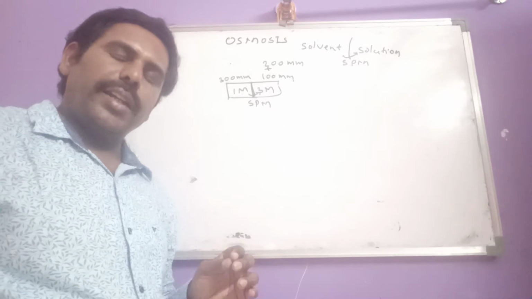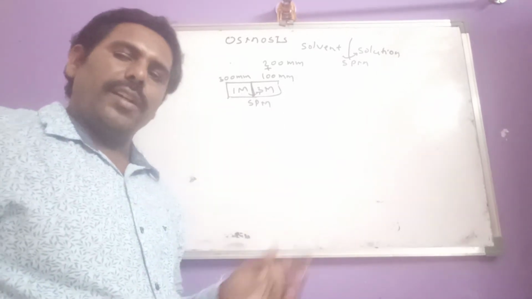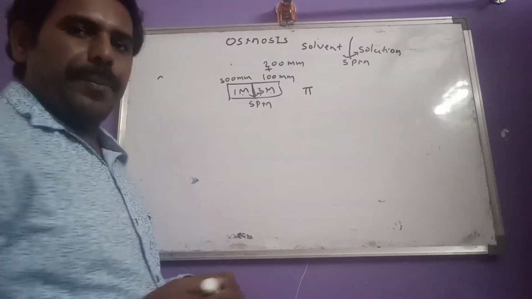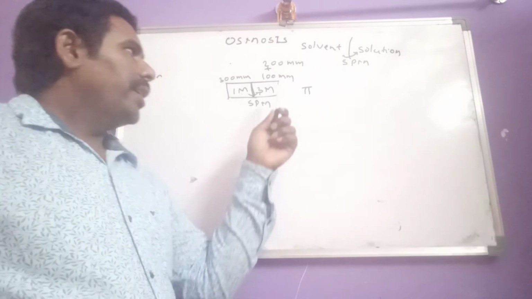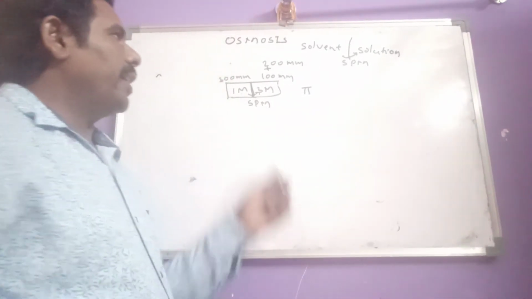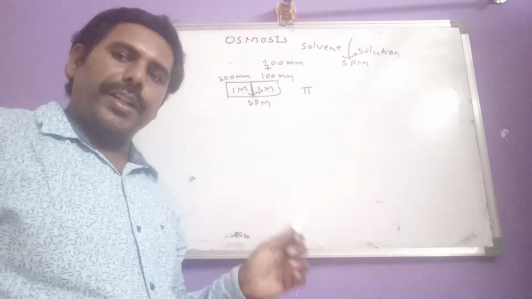So the pressure required to stop the osmosis process is known as osmotic pressure, indicated with which one? Pi. Okay, this is regarding the definition of osmosis and osmotic pressure.